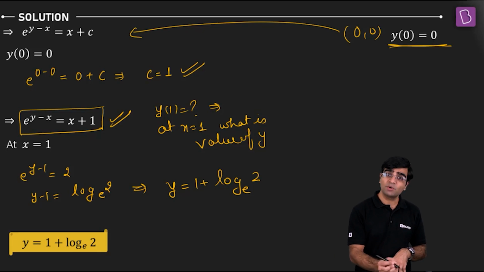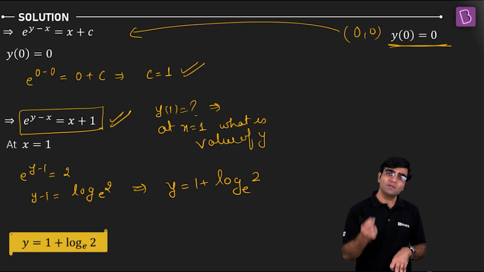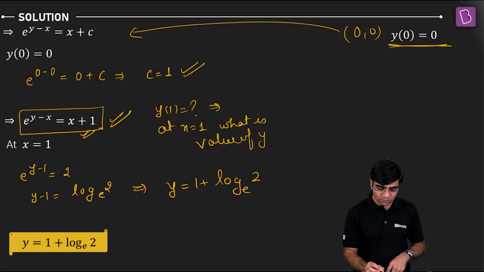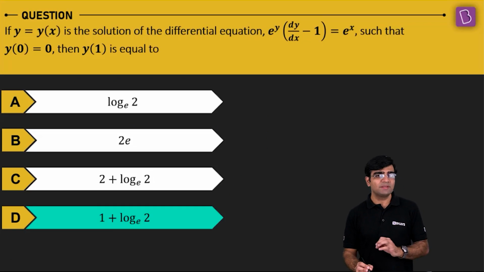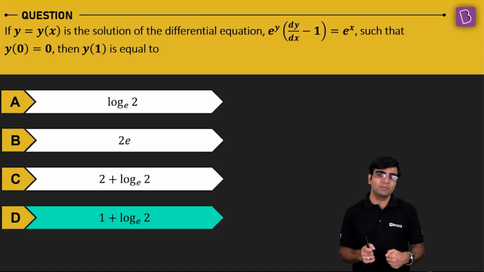My curve equation becomes modified to this. Then they're asking for the value of y1, that is at x equal to 1. So I plug in x equal to 1 into this given curve, and we get e power y minus 1 equal to 2. Sorted out, we get y equal to 1 plus log 2 to the base e.